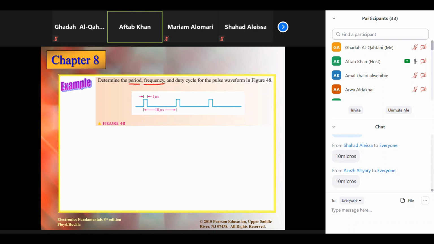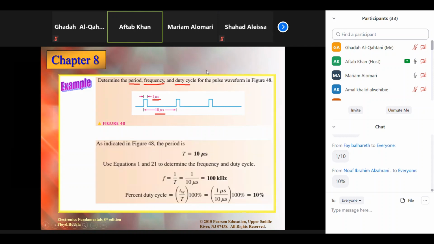So what about the frequency? 1 over 10 microseconds, correct. And duty cycle is 1 microsecond divided by 10 microseconds, multiplied by 100. It's so simple to check this. We can find it this way. This type of question is possible, and you can easily find it.